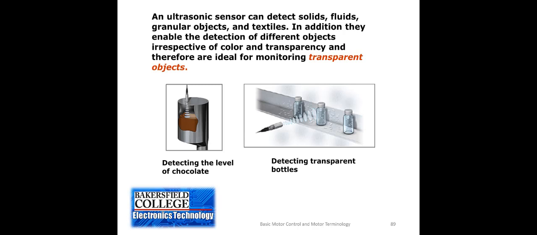So it's good for us to use when it's a transparent object and we can't use light waves as in the photo detectors, or maybe a capacitive detector might not work with that particular amount of plastic and solids or glass and solids. So this is also sensing a particular location or proximity with an ultrasonic sensor.